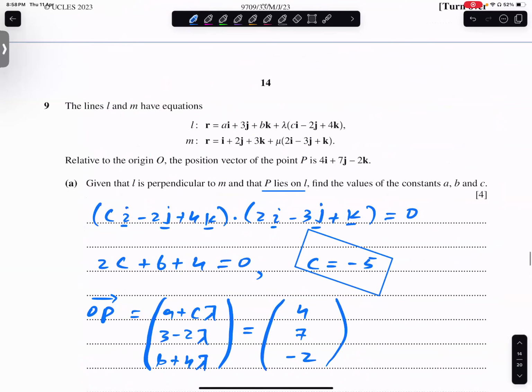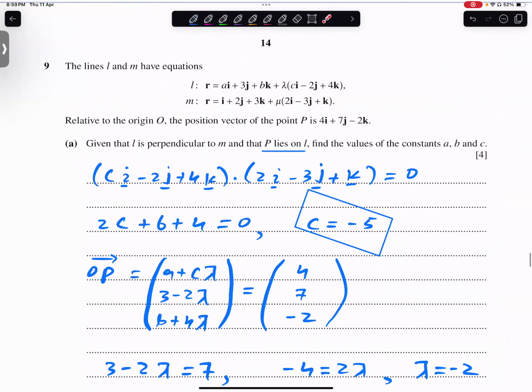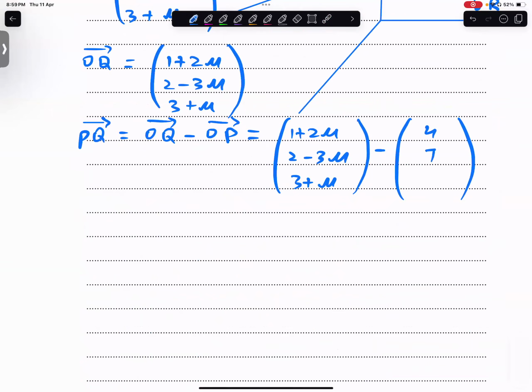The position vector of P is given: 4, 7, minus 2. So we get minus 3 plus 2 mu, minus 5 minus 3 mu, 5 plus mu. This is my PQ.